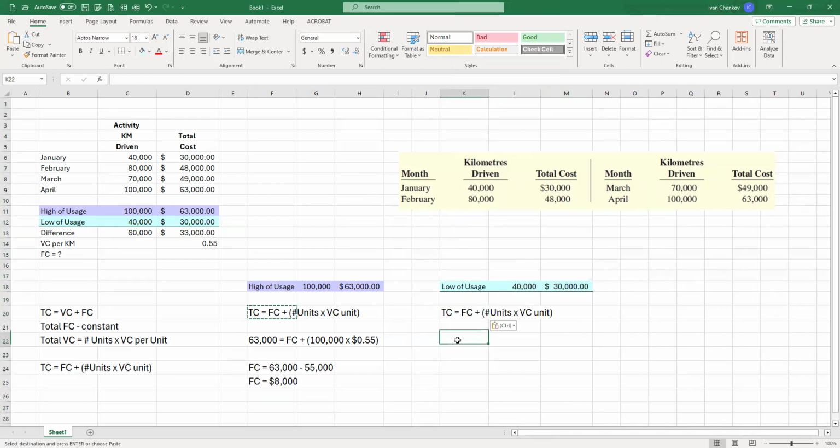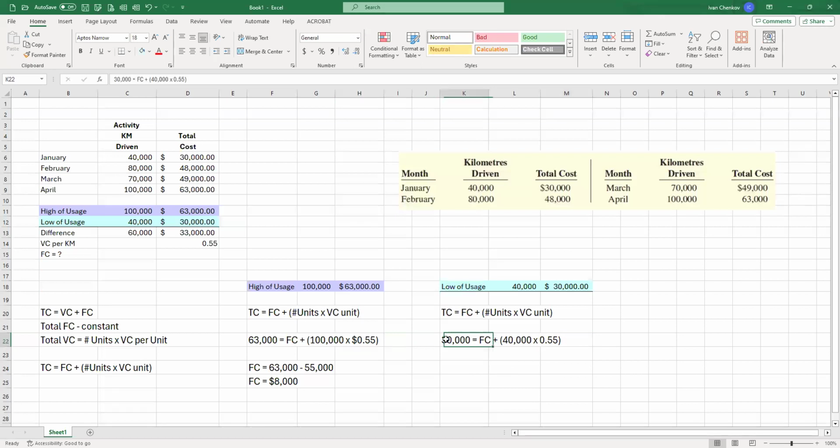We're still applying the same formula, but now the total cost is only $30,000. And that should be equal to my fixed cost, which I don't know, plus the number of units I know. In order to get $30,000 total cost, I'm using 40,000 kilometers, which costs me 55 cents per kilometer. Make sense?